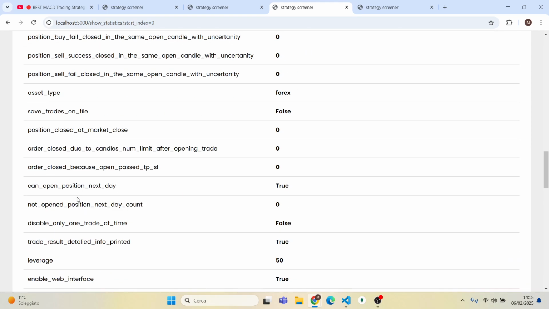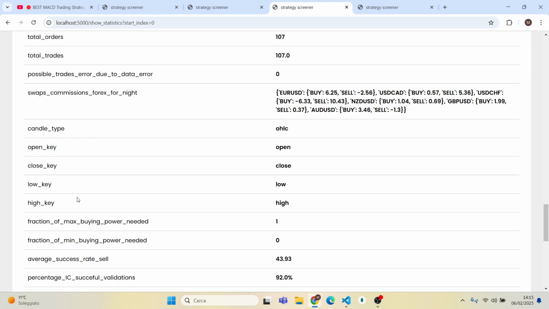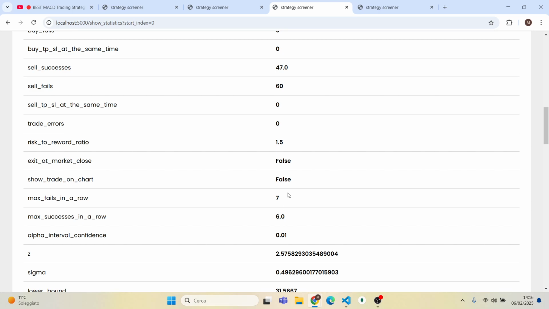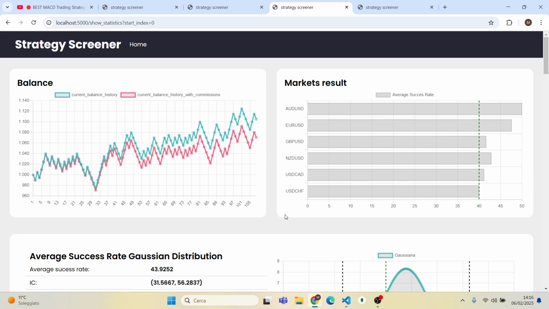What we can also see: max fails in a row, 7, max successes in a row, 6, pretty good. But as you can see, 100 trades are surely not enough to say that if you try this strategy, 7 fails in a row will be the max you will see.